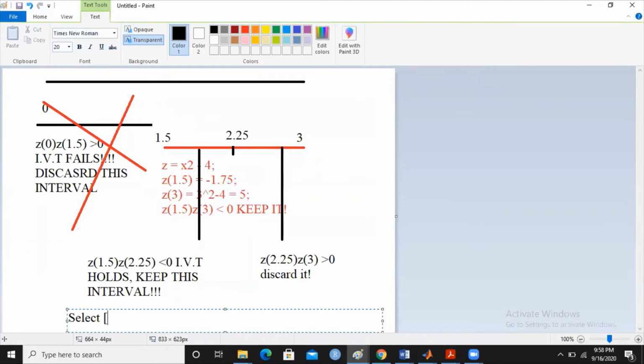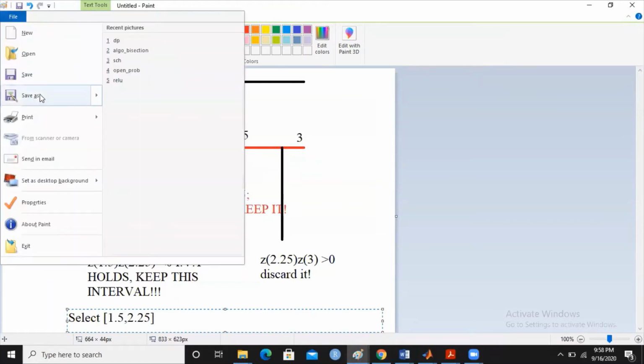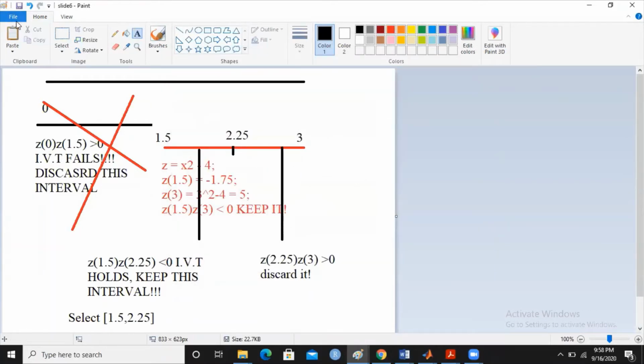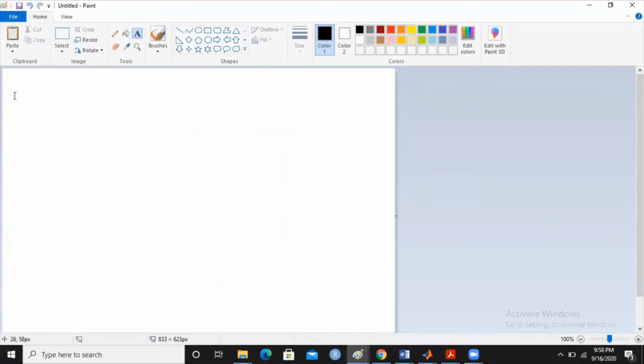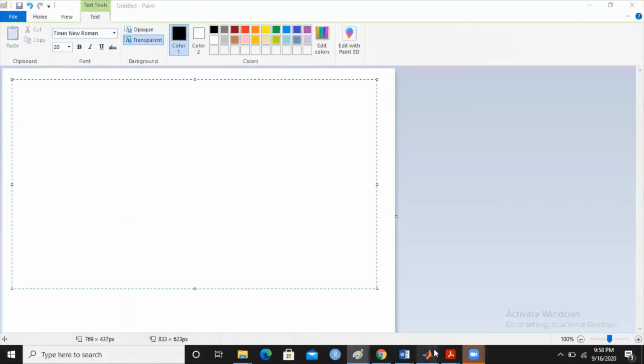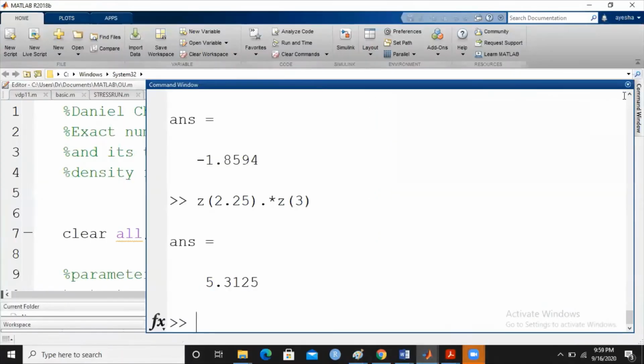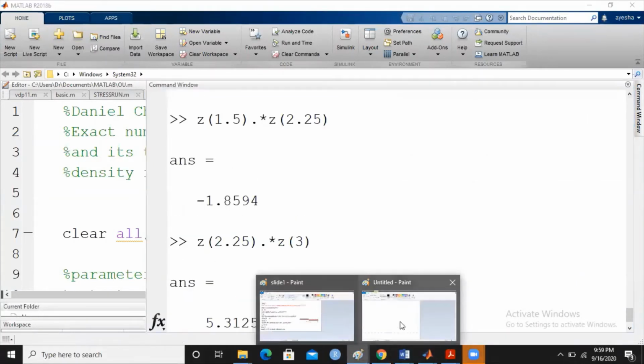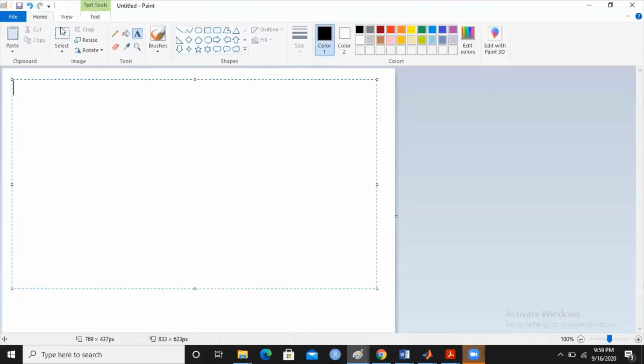1.5, 2.25. Apply the bisection method again. We have got 1.5 and 2.25 as the new candidate for the bisection method interval.